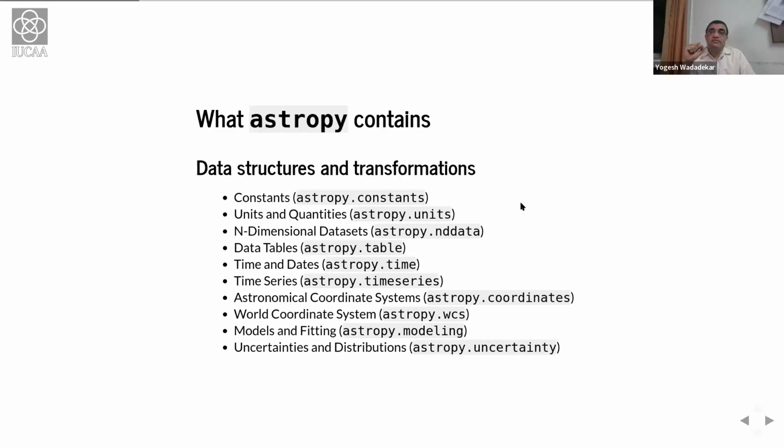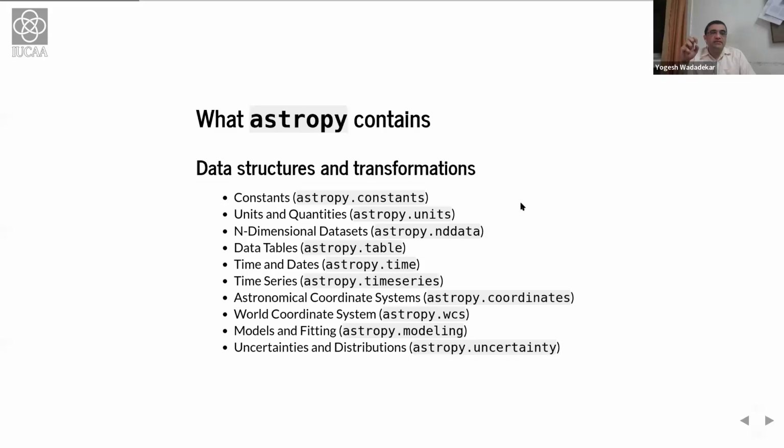Units and quantities, this is very important because the moment you define a constant, many of those constants come with their own units, and you should be able to do a computation by manipulating the units of the various variables that you have. N-dimensional data sets are handled in astropy.nddata. Data tables are handled in astropy.table.